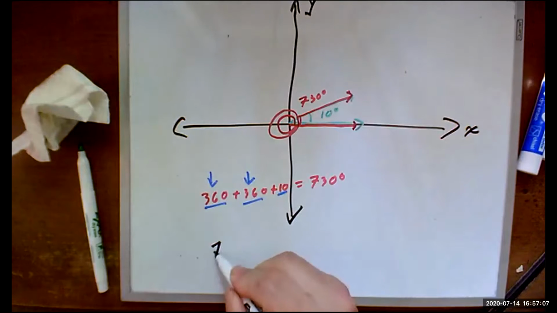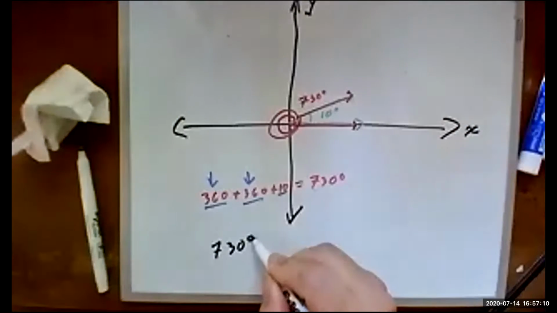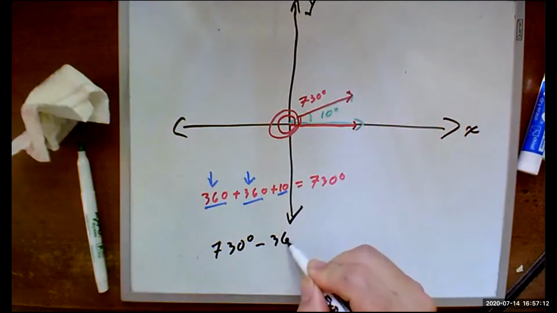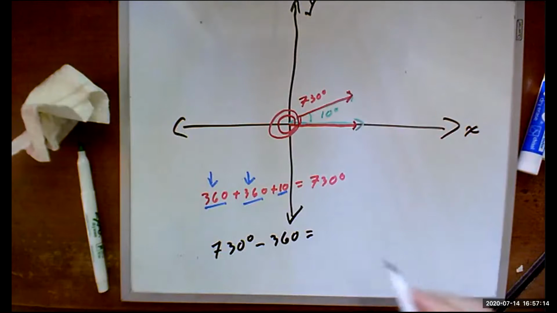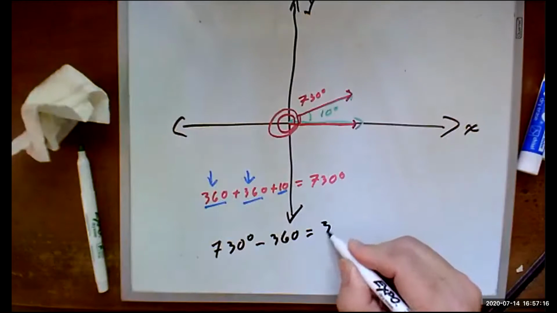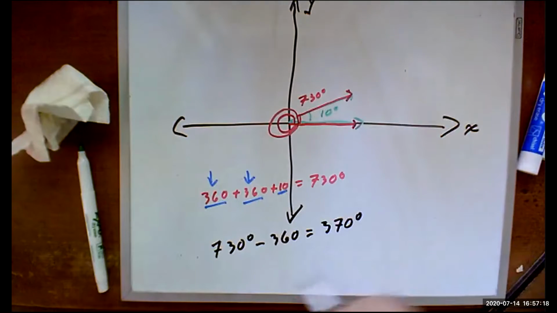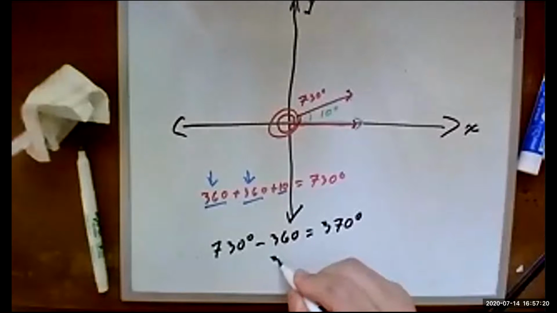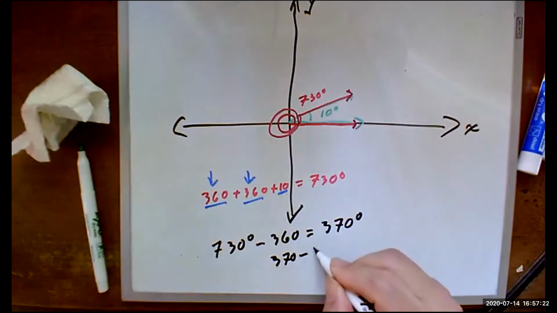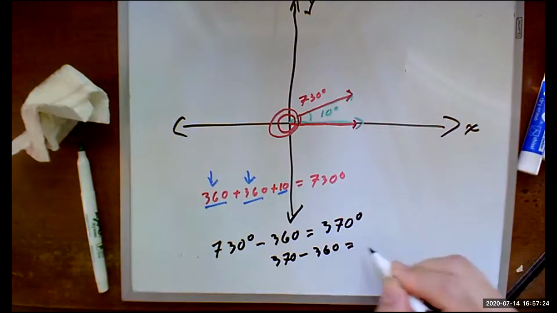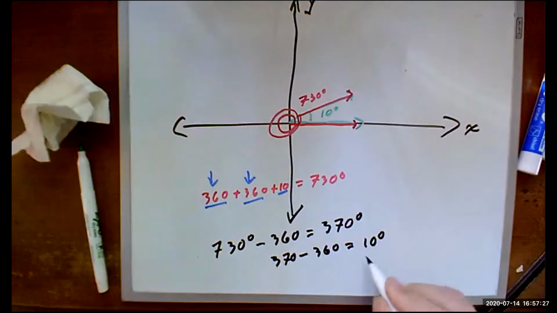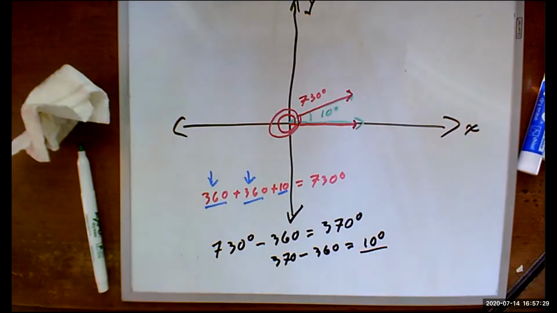So to make that super clear, 730 minus 360 gets me 370 degrees, and then I'll take my 370, I'll subtract 360, and that gets me my 10 degrees, and that's how I know that they are coterminal.